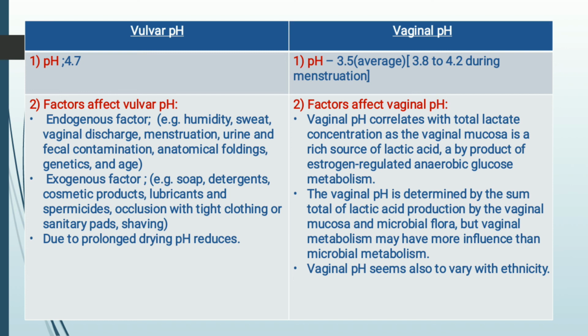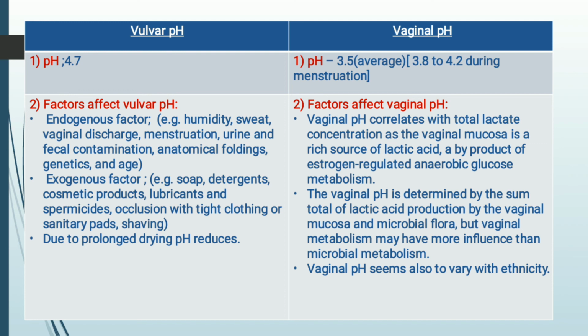All are leading factors which create a difference in the vulvar pH. So these are the endogenous factors. Due to the mons pubis, a lot of humidity, sweat, and vaginal discharge get accumulated. During menstruation, a lot of particles do not come out through the blood, and that also creates changes in the vulvar pH. So all these factors are endogenous in nature.